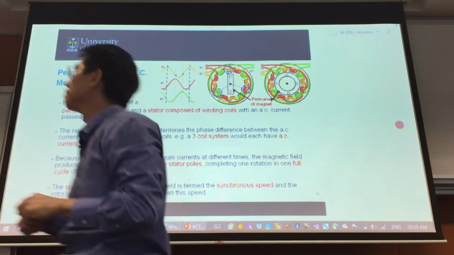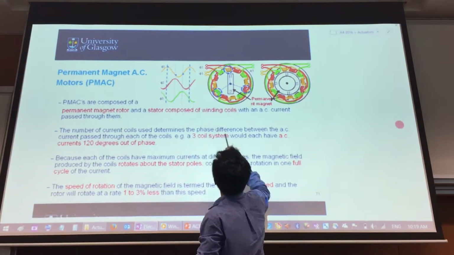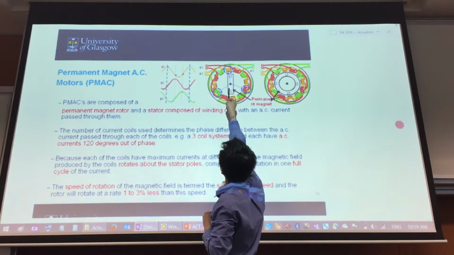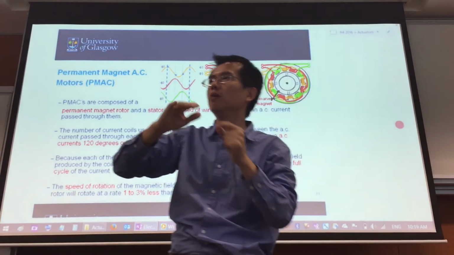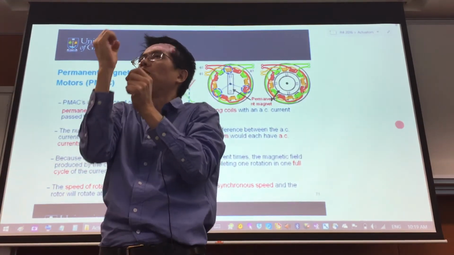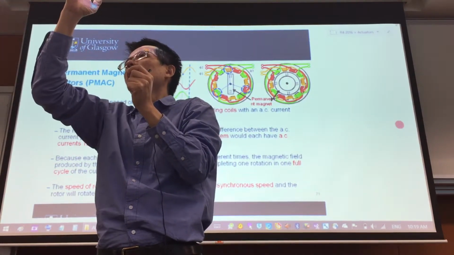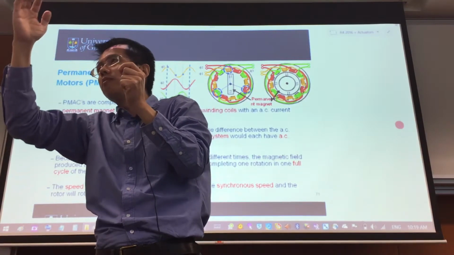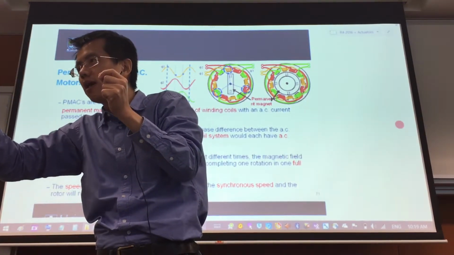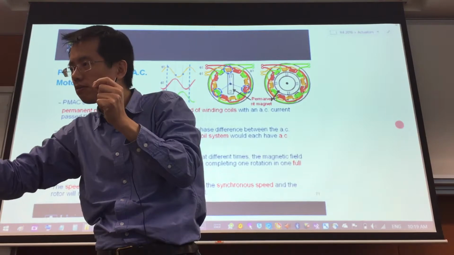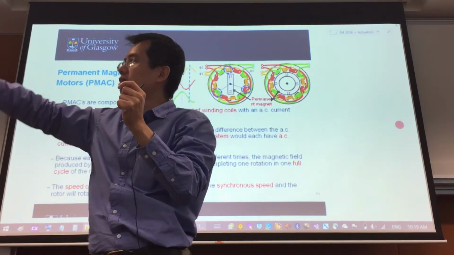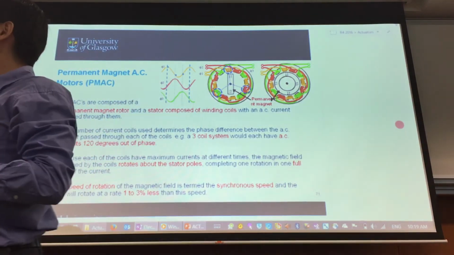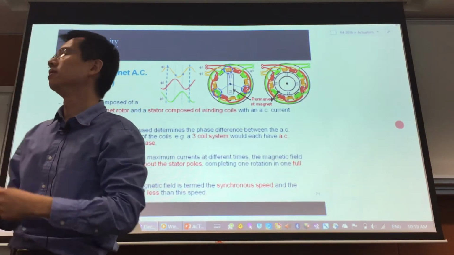So maybe that one in the blue circle, we start by energizing it, so it will become more and more powerful north, and then that strength would drop, and then it would turn weak south, and then strong south, and then weak south, and then turn to north again in that alternating current cycle.